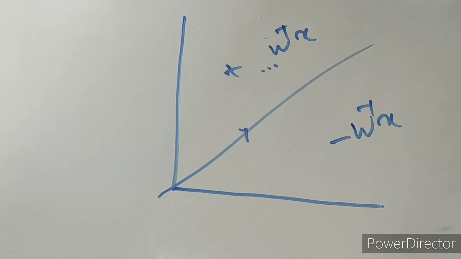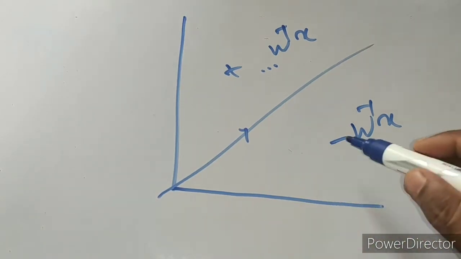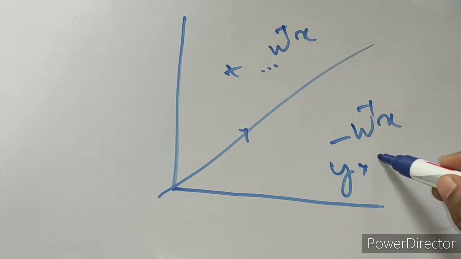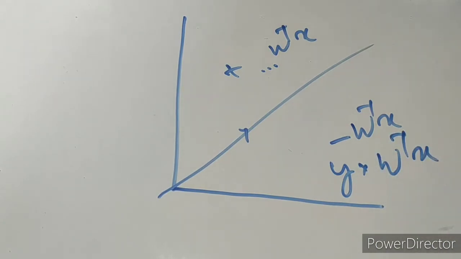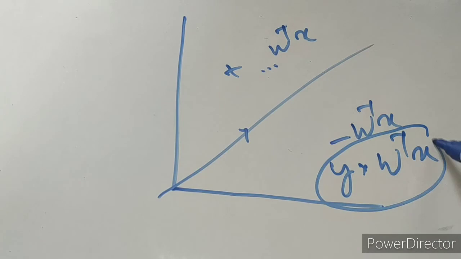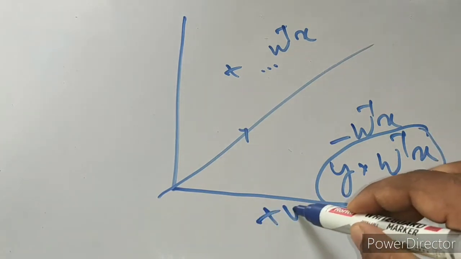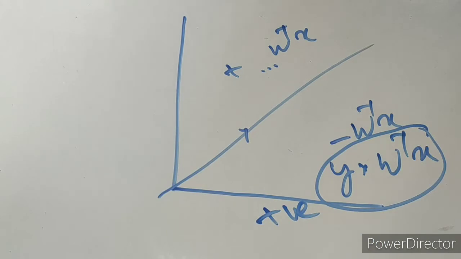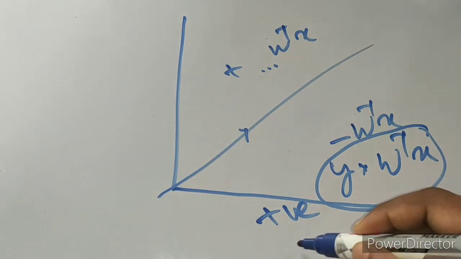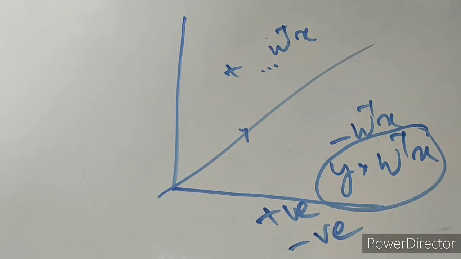Now we need to understand how we know whether it is correctly classified or incorrectly classified. For that, the formula works like y into WTX. If y multiplied with WTX is positive, it means it is correctly classified. If it is negative, then it is incorrectly classified.